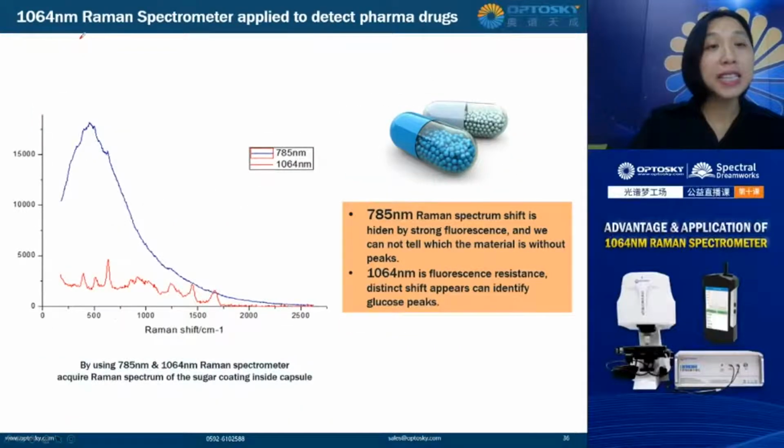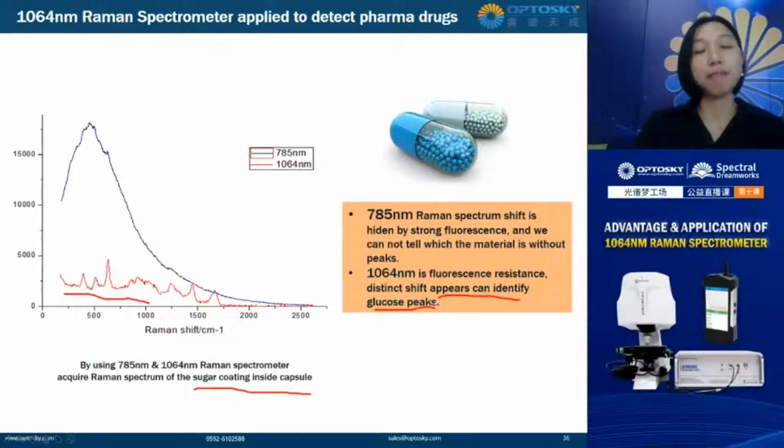And the 1064 Raman spectrometer is also very good for the sugar coating inside the capsule. As you see, using 785, there is no signal at all. However, if you use the 1064, the Raman signals are very nice to identify the glucose peak.